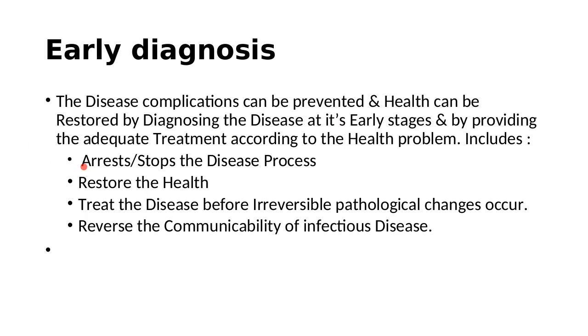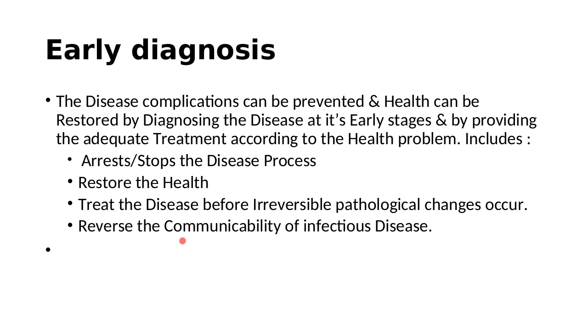So this includes arresting or stopping the disease process, restoring health, and treating the disease before irreversible pathological changes occur. Because if you don't treat the disease, some of these diseases might develop into chronicity, and the chronicity might also develop into disability, and that person will stay with the disability forever.